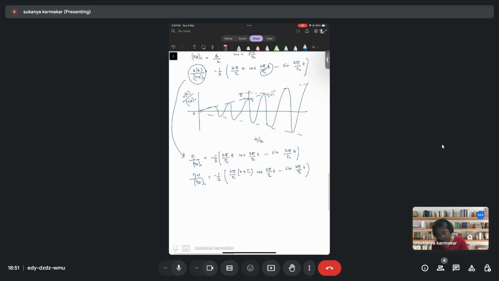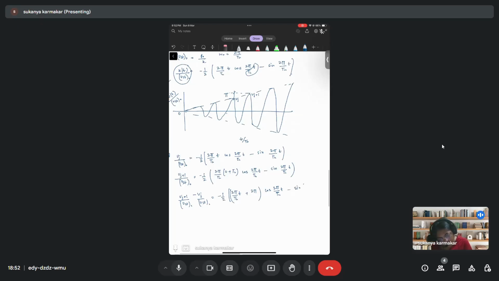Now let's subtract them. uj plus 1 minus uj, the difference. Now you have minus half, so 2 pi by Tn t plus 2 pi, the entire thing multiplied with cos of 2 pi by Tn t minus sine of 2 pi by Tn into t.